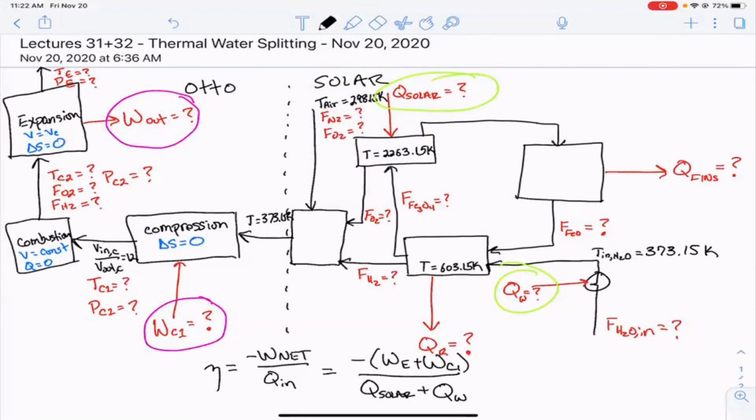And we're going to do that by systematically stepping through the solution of each one of these unknowns that are currently question marks. Okay.